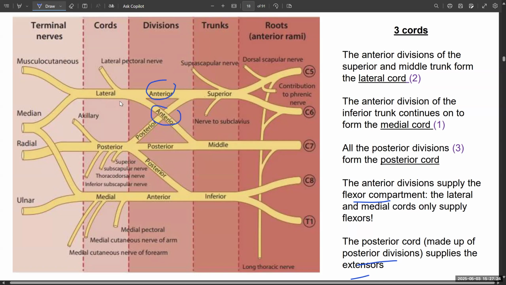These are joined to give you the lateral cord. That means since this is made up of anteriors, it is only going to supply the flexor compartments, okay? And here you can see the medial cord is also only made of the anterior division, right? So it's also going to supply only flexors, okay? Posterior, however, is like ganging up. It's made up of posterior 1, 2, and 3. And so it is only going to supply extensors, okay?